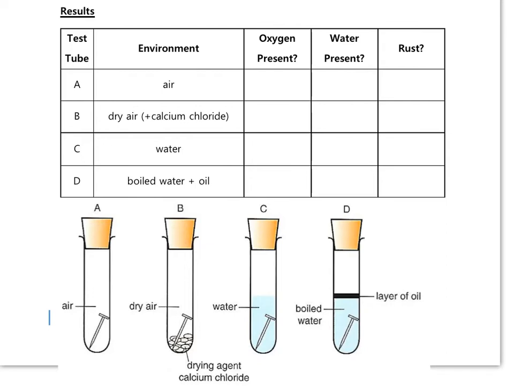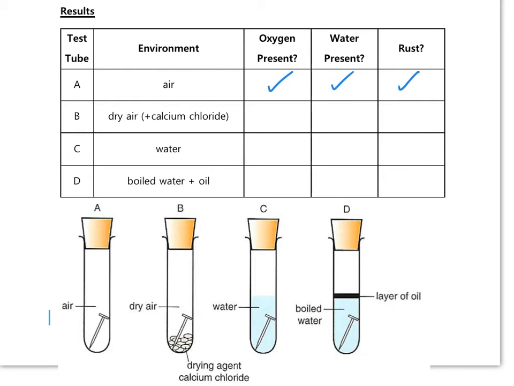So let's have a look at the results table on page 18 and see if we can fill this in. With test tube A, first of all, the environment was just simply air. Is there oxygen present in air? Yes, there is. Is there water present in air? Yes, there is. Water vapour is present in air. So did rusting occur in test tube A? Yes, it did.